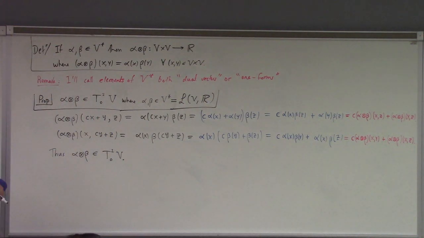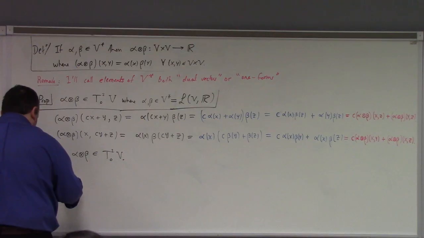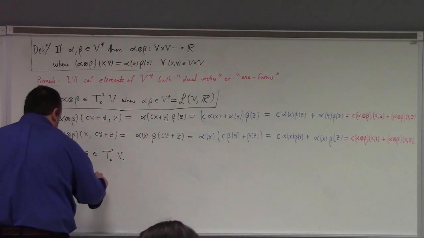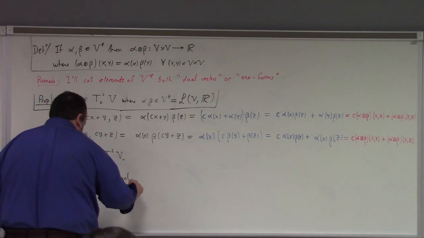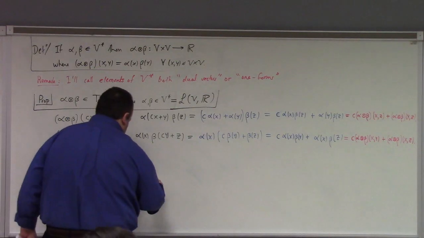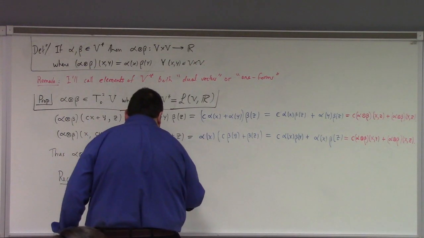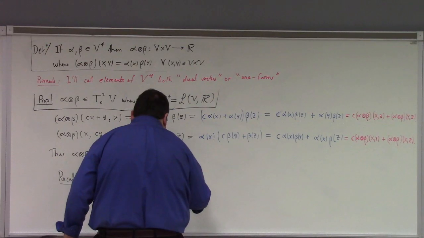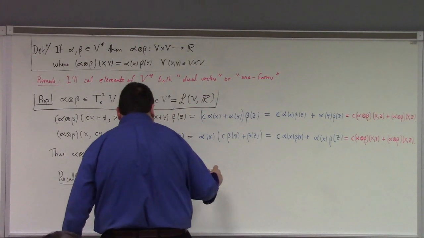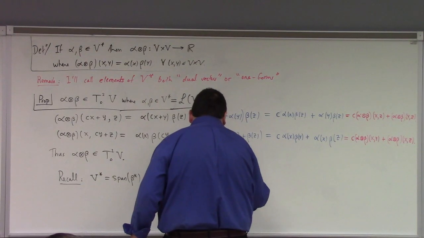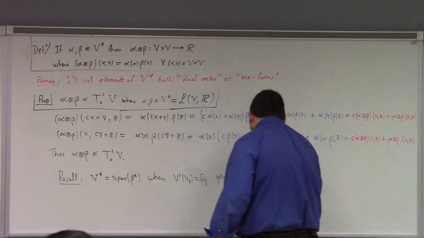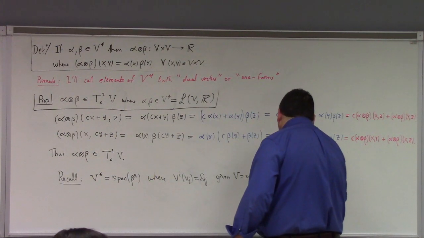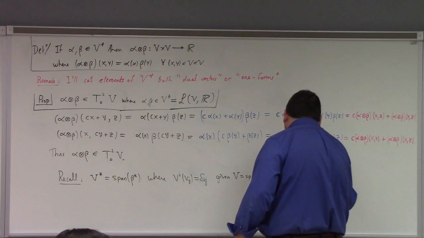And last time, what did I show you? We saw that the dual space was the span of the dual basis, where V upper i, V lower j was equal to Kronecker delta ij, given V is the span of beta, and beta was, as usual, V1 through Vn.